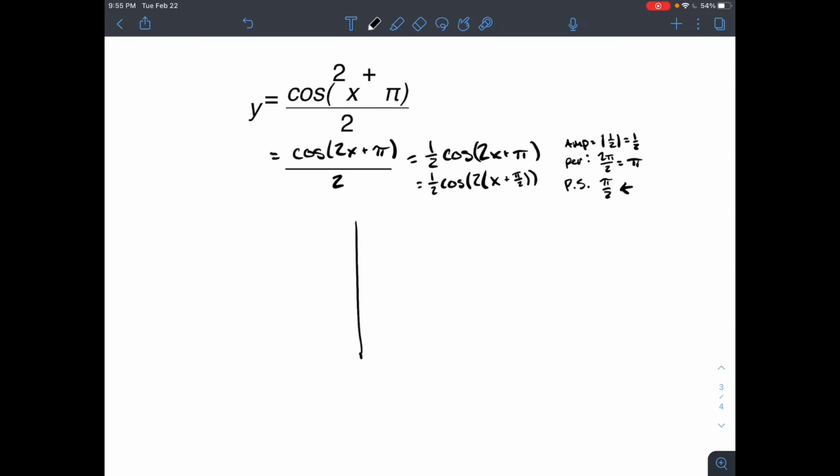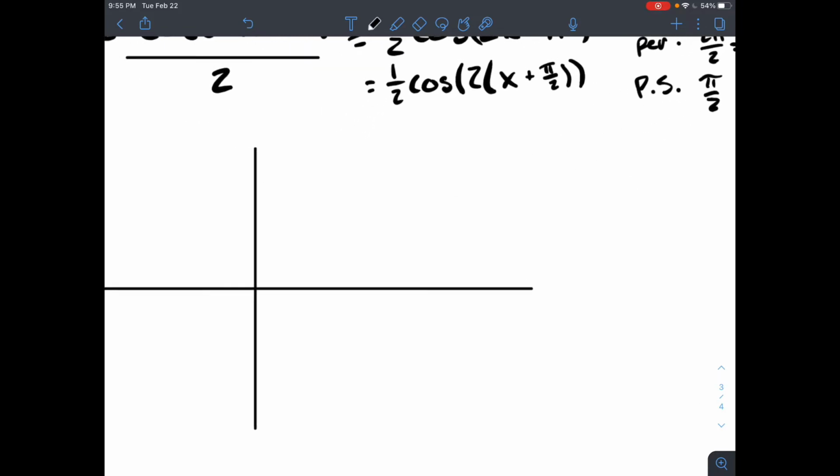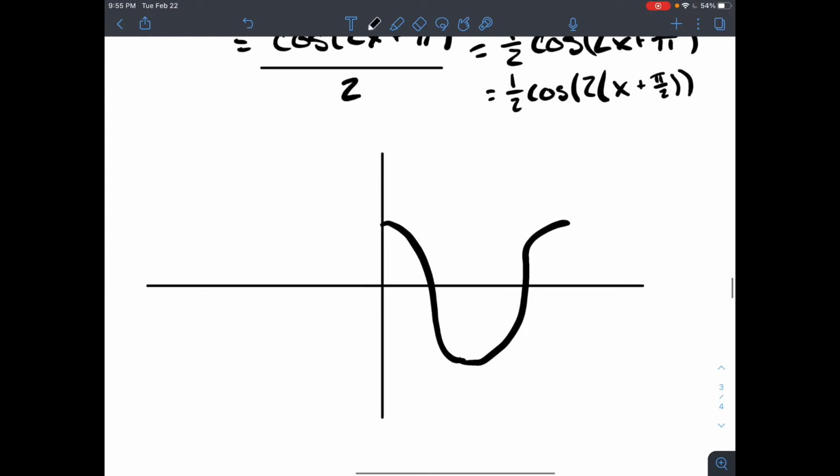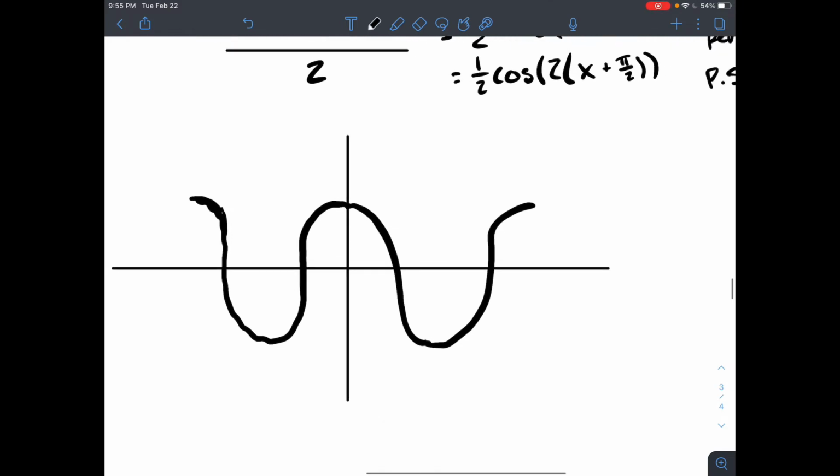Need a straight line. Where's my straight line not wanting to work? There we go. So we have a positive function, we have positive cosine, so everything is nice and easy there. Oh boy, that is an ugly looking left side of it.